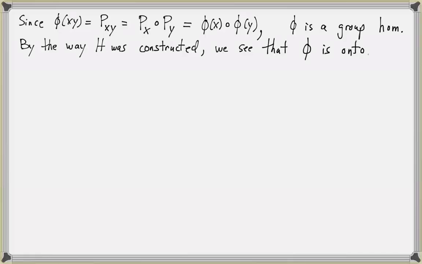Because H consisted of all the permutations p sub x for every element of G, so phi must be onto. Now let's show that phi is 1 to 1.